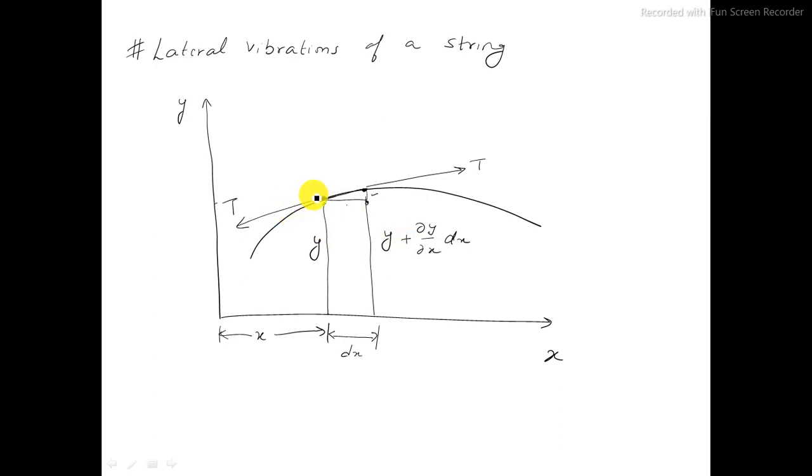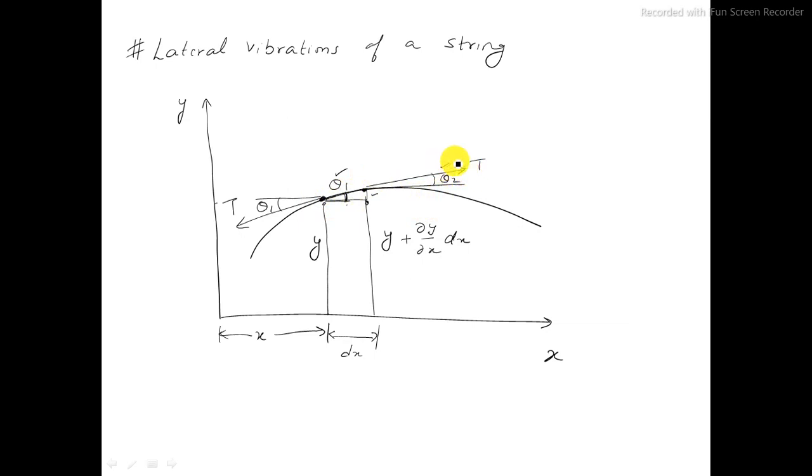Suppose with the horizontal, this tension makes an angle of theta 1 on the left side, and with the horizontal, this tension makes an angle of theta 2 on the right side. So if this angle is theta 1, we can also say that this angle is also theta 1.